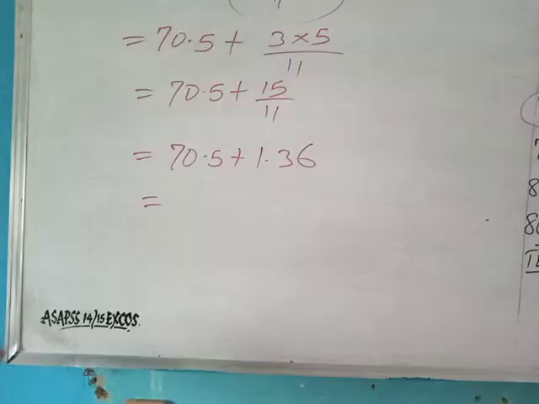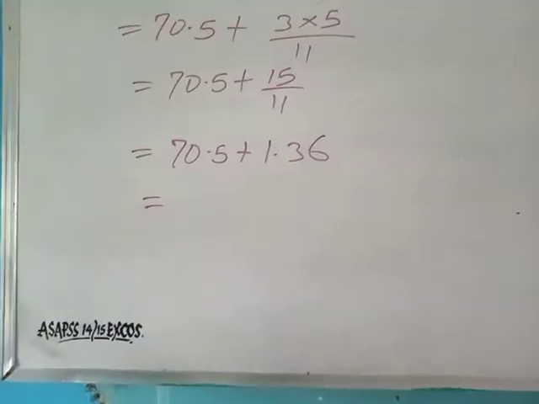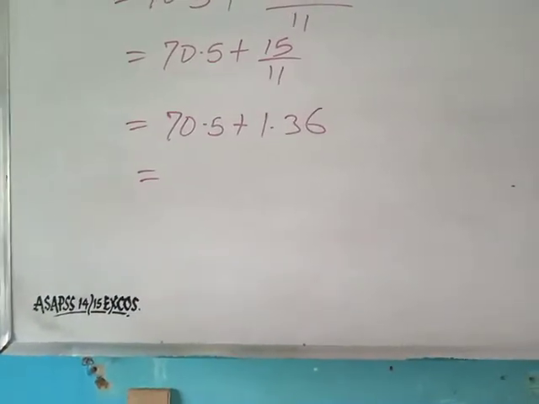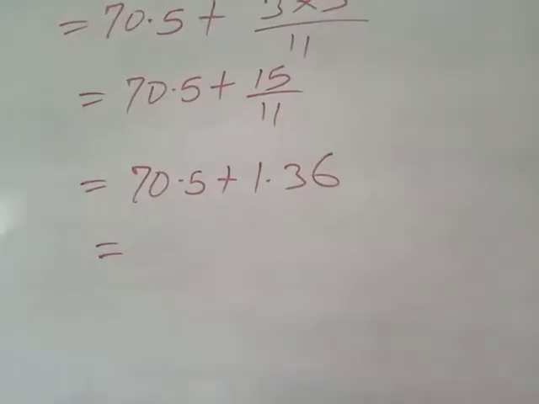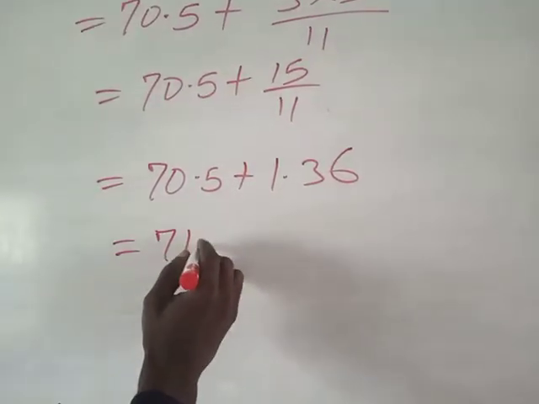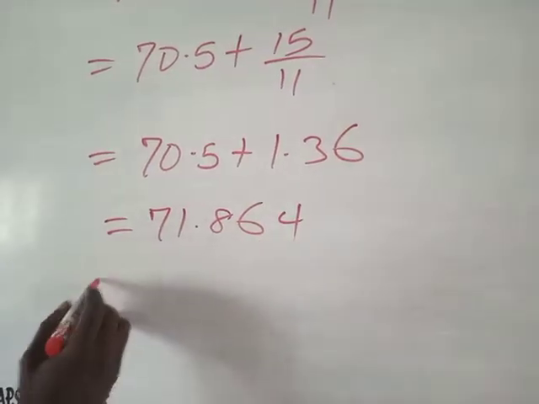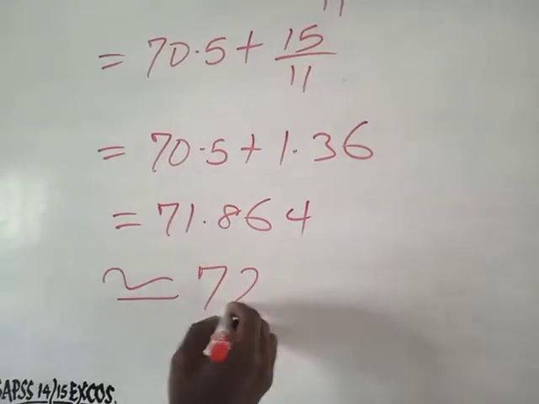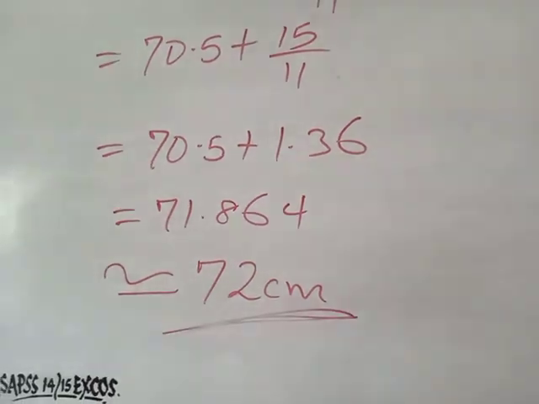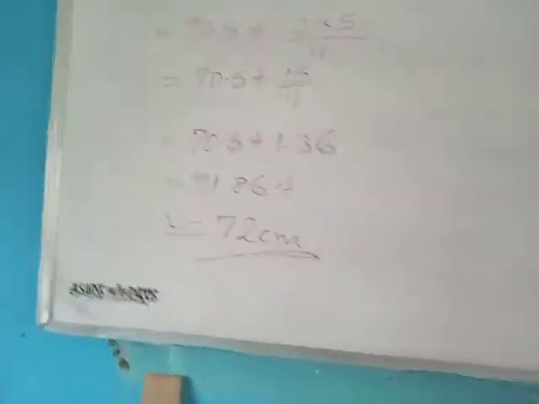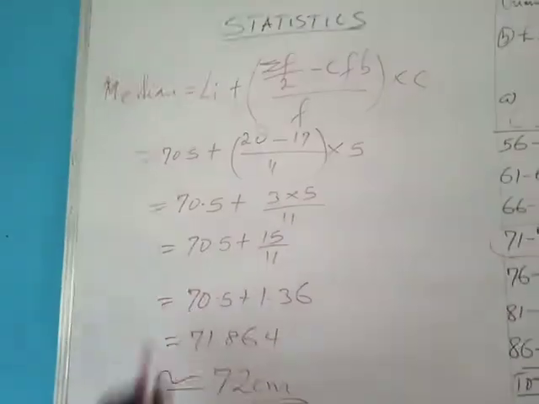When you add the 1.36 to 70.5, I'm going to have 71.864. So let's approximate it to 72 centimeters. So this is the median for this given distribution.